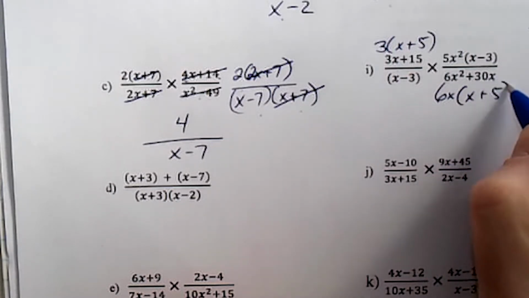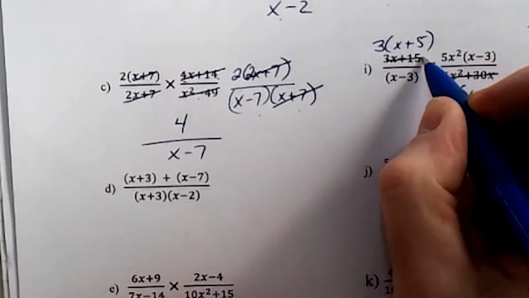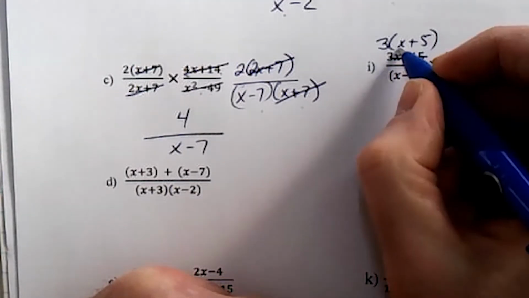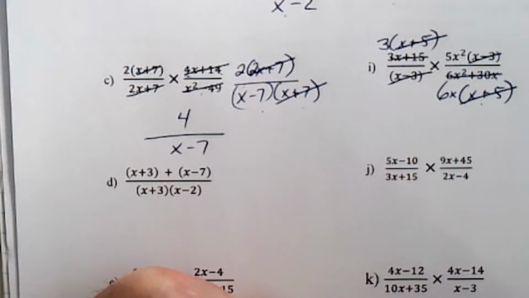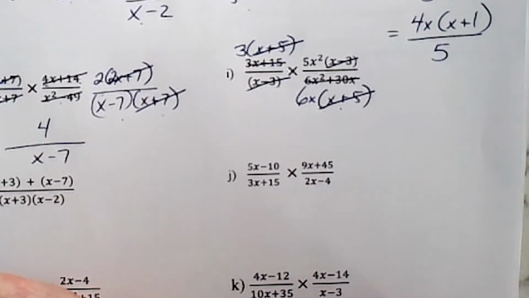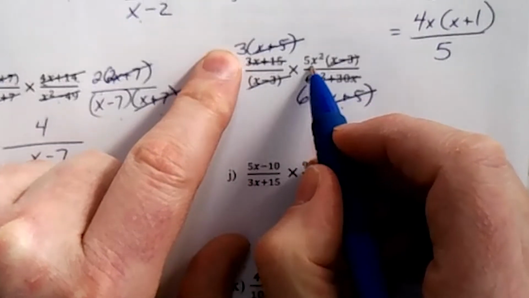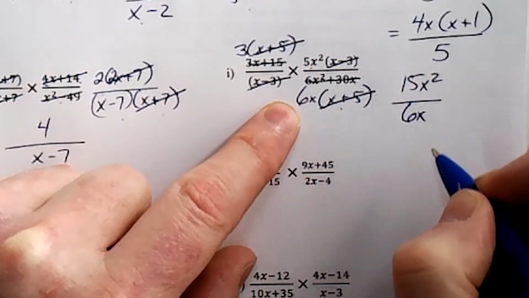And now I see there's matching. This one's already factored, so now I'm just going to cancel the binomials if I can. All the binomials cancel. And what I'm left with is I've got 3 times 5x squared. And I have a 6x on bottom.